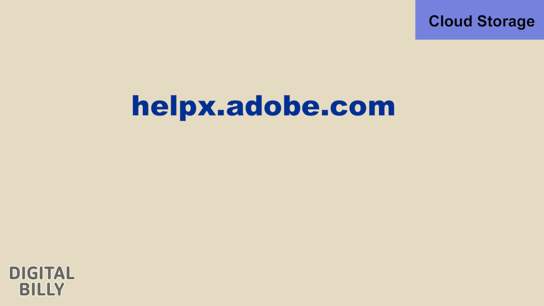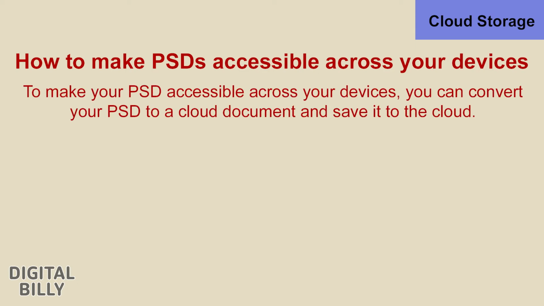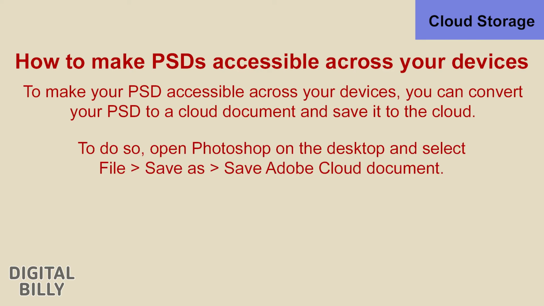Also, according to helpx.adobe.com, how do you make PSD files accessible across all of your devices? To make your PSD accessible across your devices, you can convert your PSD to a cloud document and save it to the cloud. To do so, open Photoshop on the desktop and select File, Save As, Save Adobe Cloud Document.